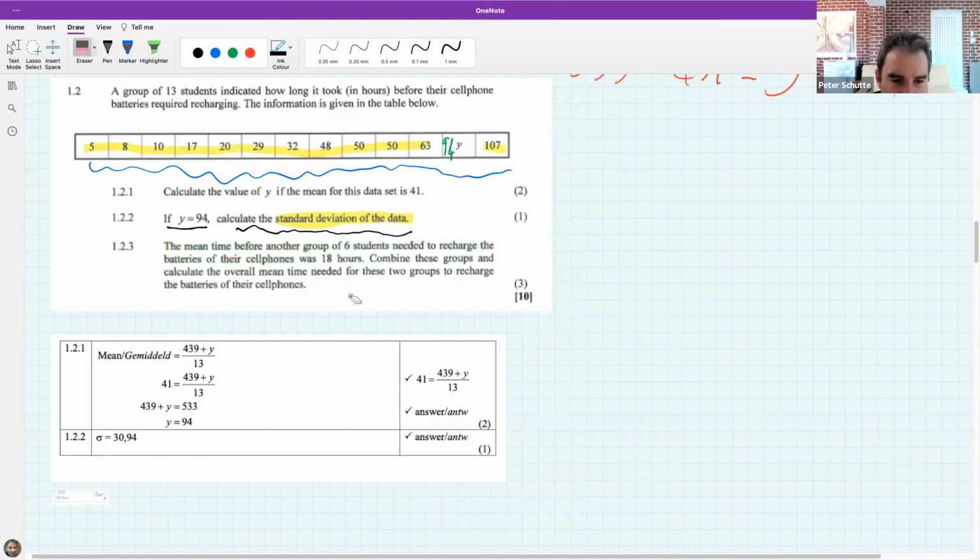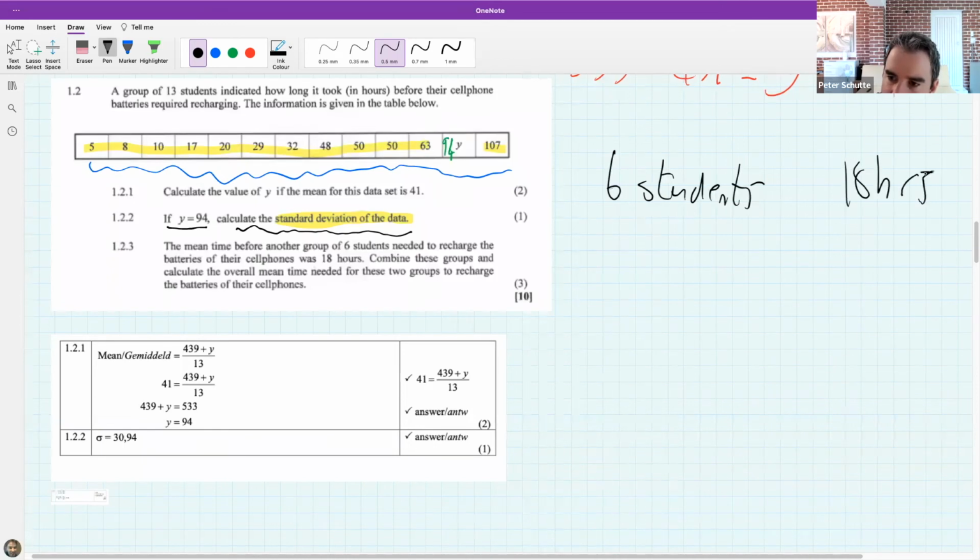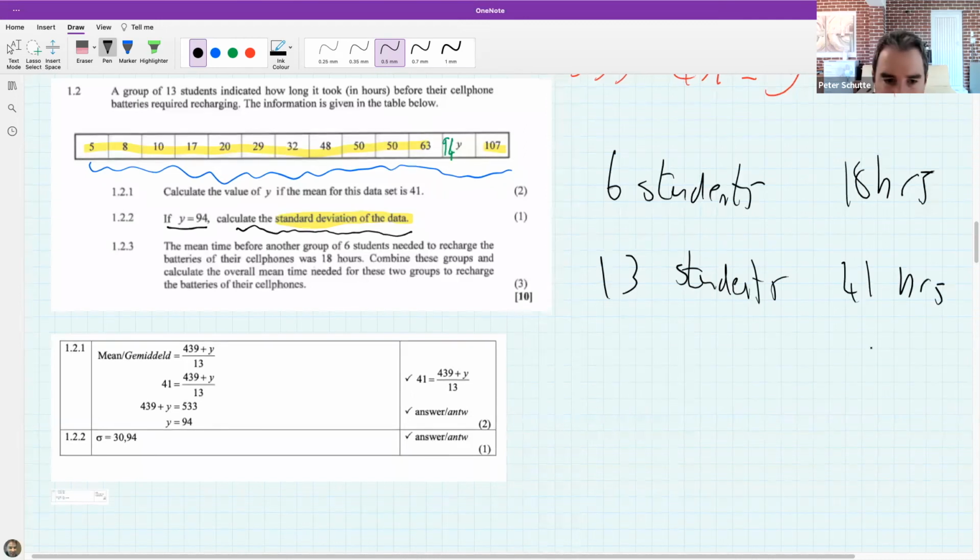So what they're saying is there was another group of 6 students, and their mean time was 18 hours. That's how long they mean to recharge their cell phones. There was the original group of 13 students, and the mean time for those students was 41 hours.